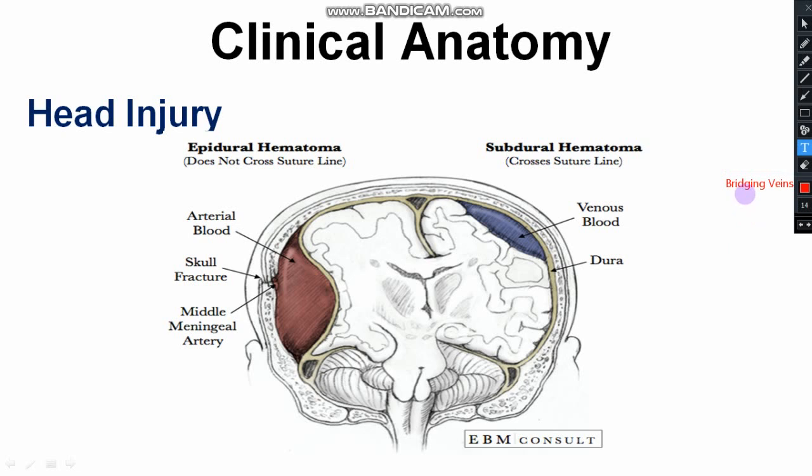The bridging veins are those veins which move out of the subdural space. These bridging veins are injured because in a road traffic accident a force is exerted in such a high manner, with such a big impact. As a result, these bridging veins which move out of the subdural space get injured due to shock, and the venous blood is collected.